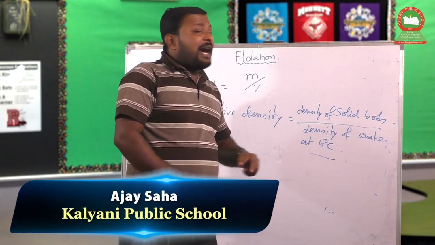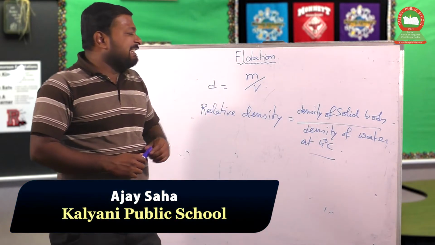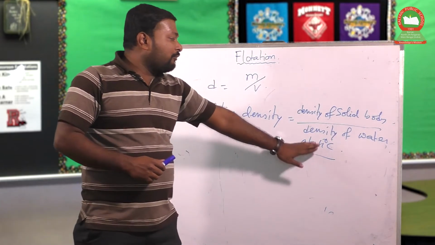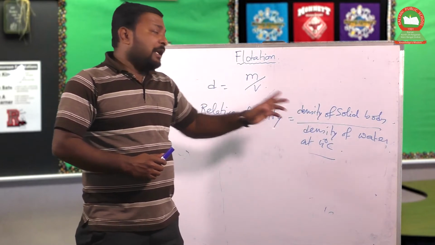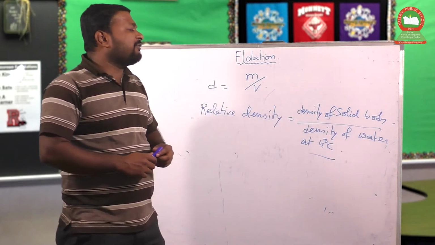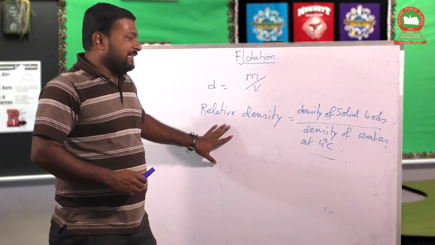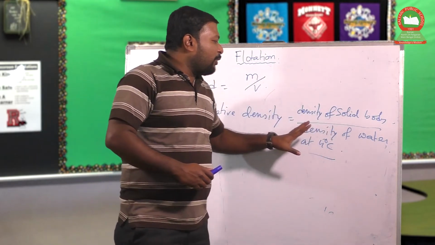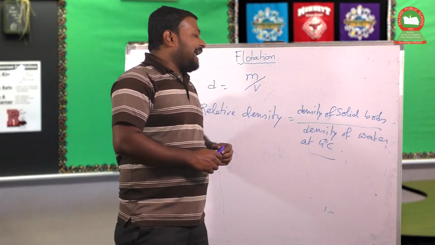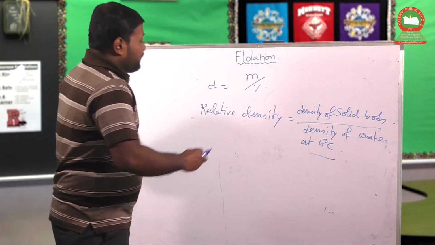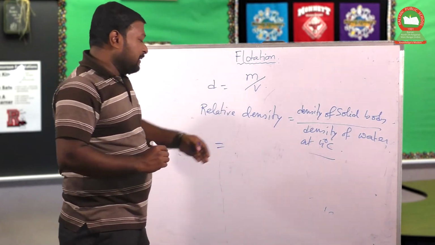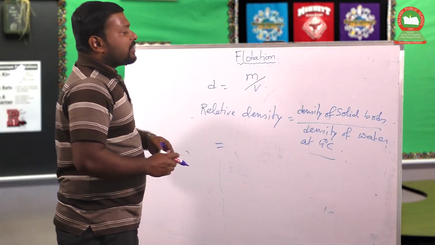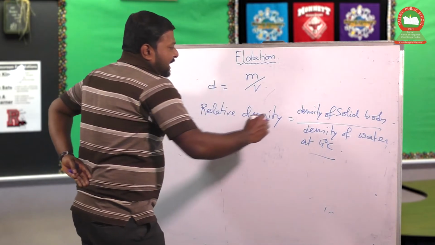Because that 1 gram per cubic centimetre density is attained at 4 degrees C. So we require the density of water at that particular temperature. So relative density is defined as the density of the solid body divided by the density of water at 4 degrees C. It can also be demonstrated another way.